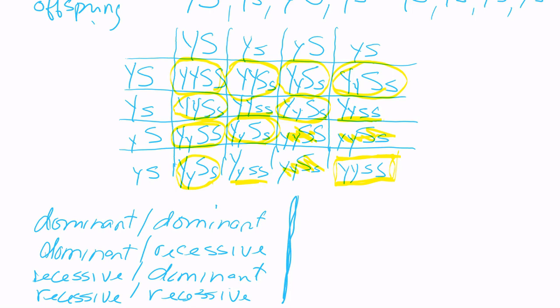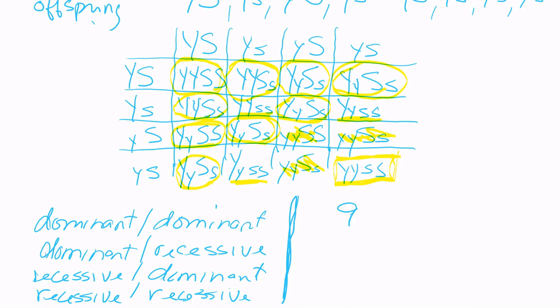Let's count these up and see what we end up with. We've got 1, 2, 3, 4, 5, 6, 7, 8, and 9 that are dominant dominant.